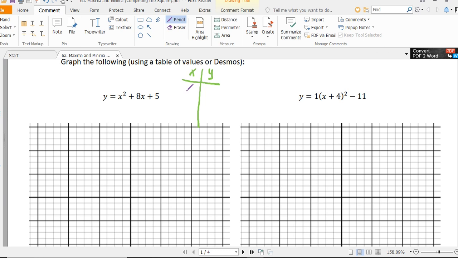So let's use, I don't know, -5, -3, -1, 1, 3, 5. Yeah, just random numbers. So if I sub in -5 into here, that'll give me 25. 25 minus 40 is -15. -15 plus 5, -10.